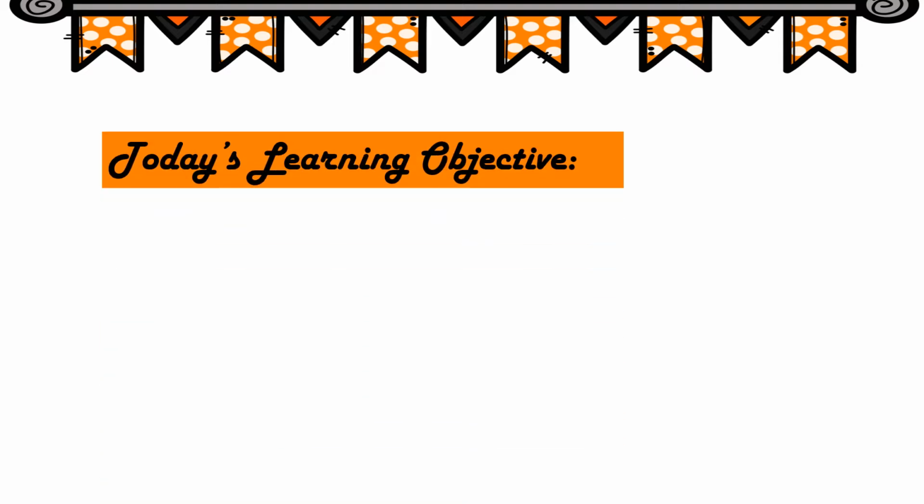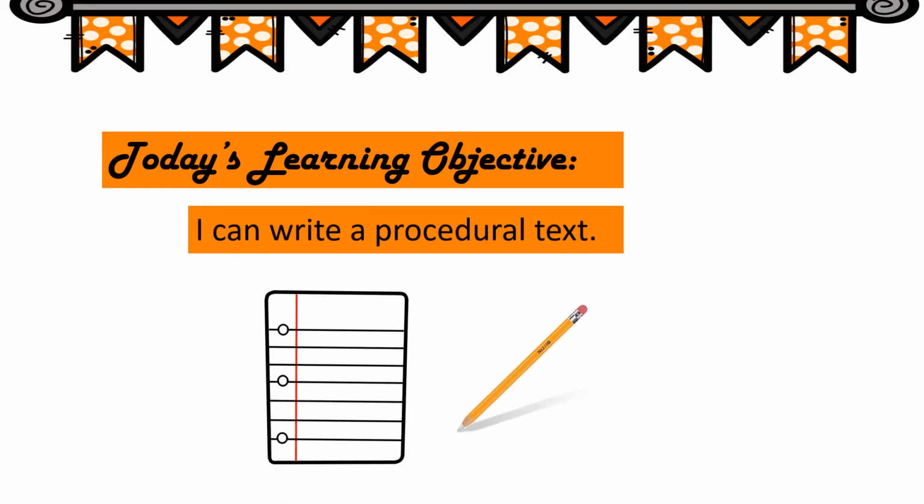As always, I like to start off with an objective so that we are very clear as to what we are going to be doing today. So today's learning objective is I can write a procedural text. Now, I like my writers to repeat after me and say our learning objective.